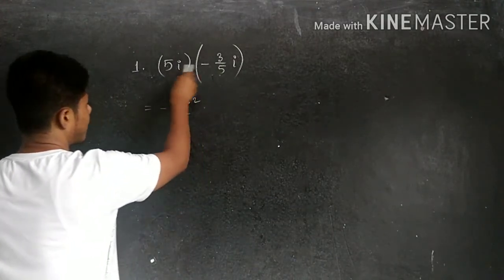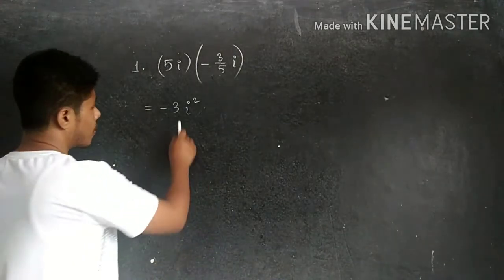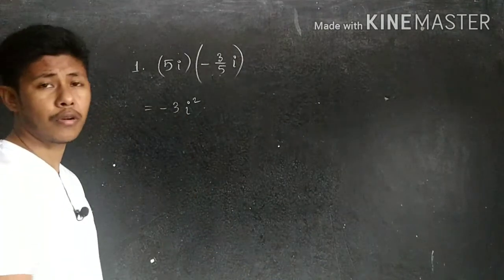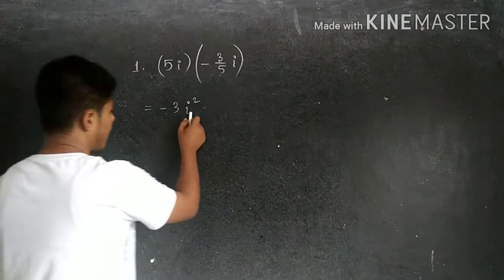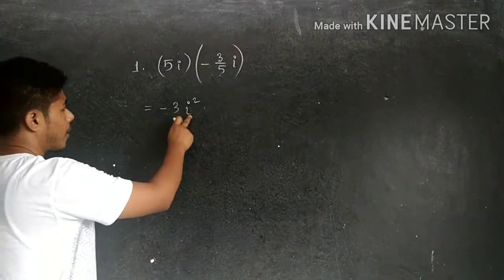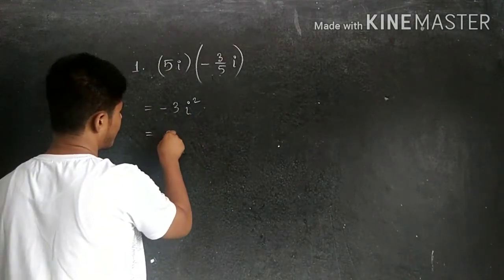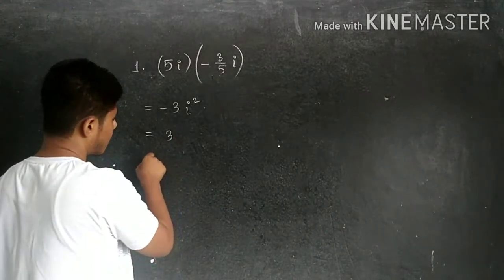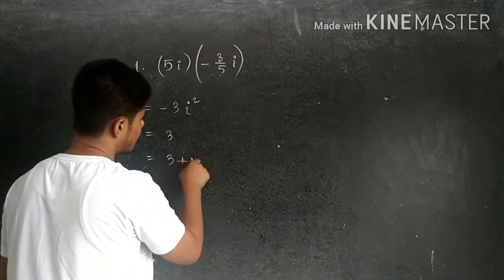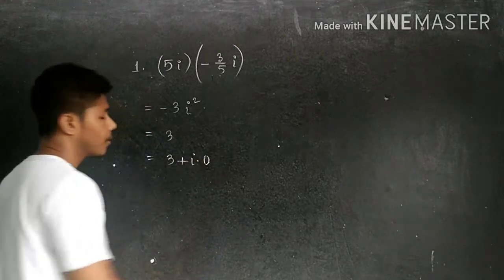We already know the value of i square is minus 1. If we put minus 1 here, minus minus becomes plus, so ultimately 3 remains. We can also write this as 3 plus i into 0.